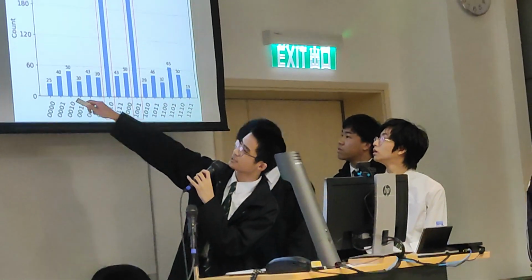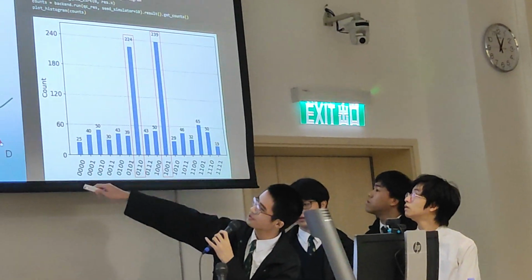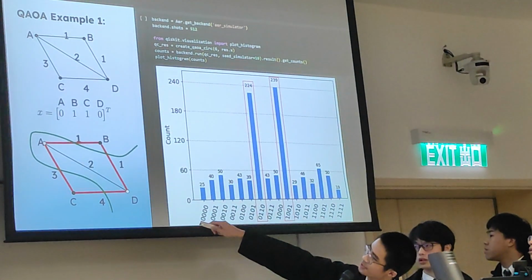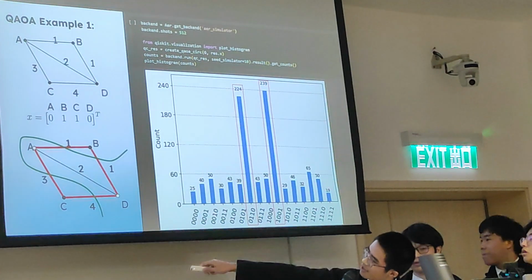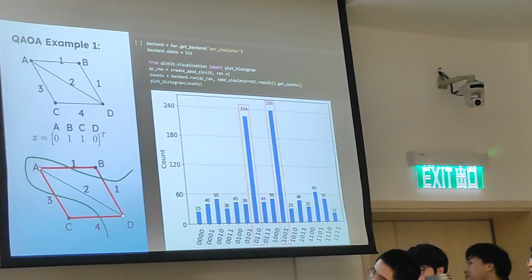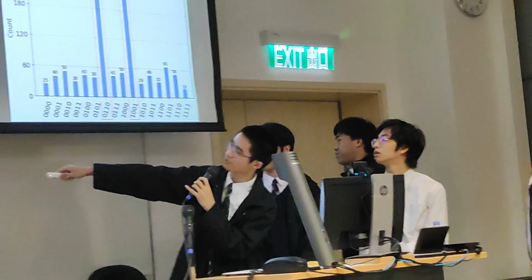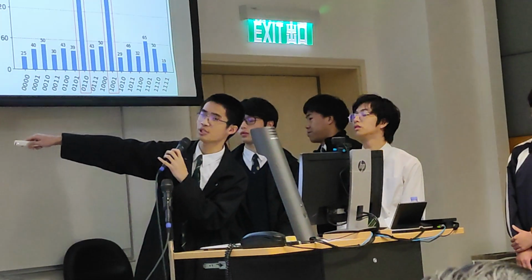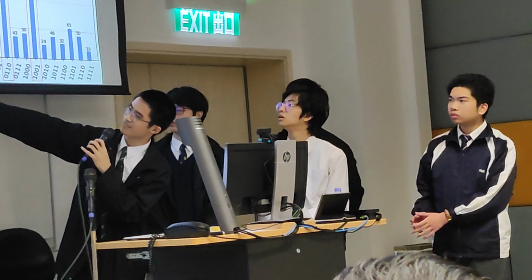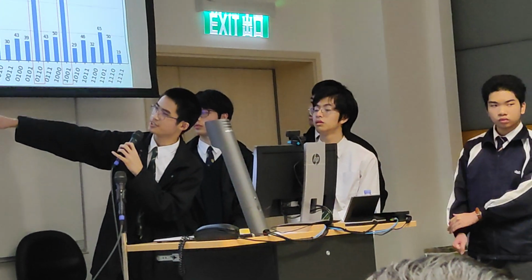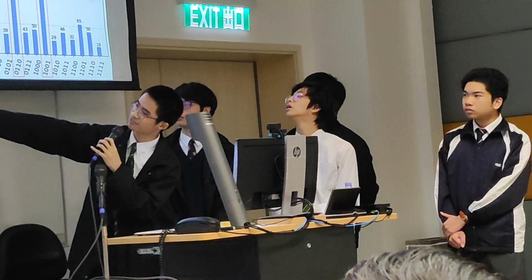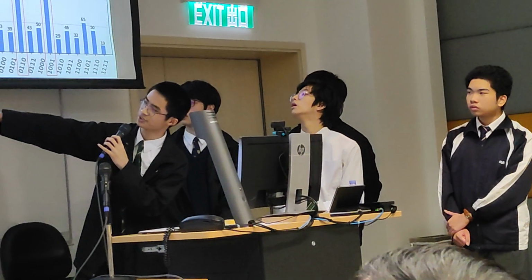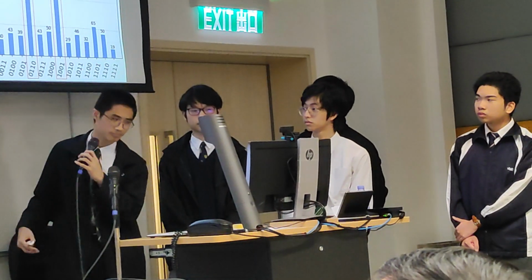As for the results given from the quantum computer, you can see that there are two peaks in the diagram here, and they represent the state vectors 0, 1, 1, 0 and 1, 0, 0, 1 respectively. It should be noted that these two are practically equivalent, because the values in the state vector only determine which group they're in. You can imagine a line cutting through these four edges as a visualization.